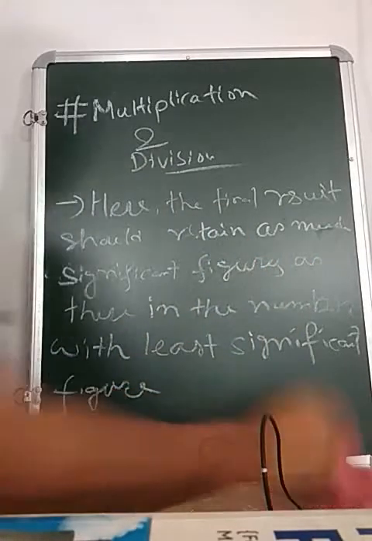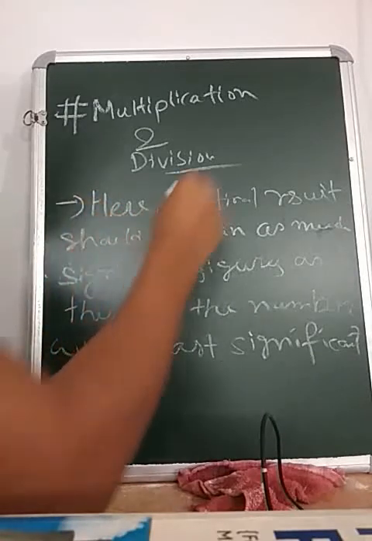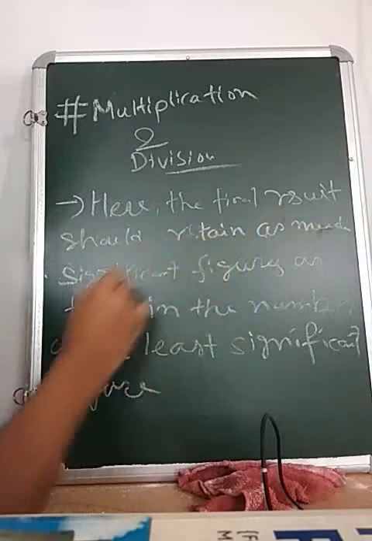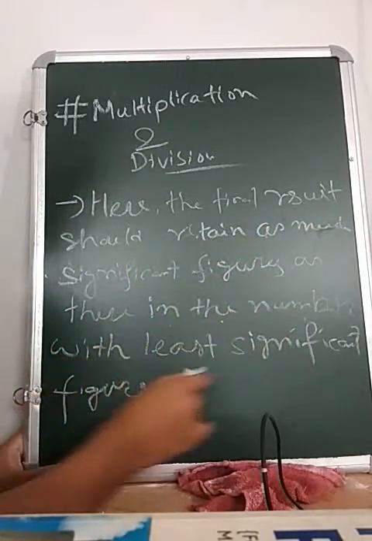Okay, so what is the rule for multiplication and division? Here the final result should retain as many significant figures as there are in the number with the least significant figures.